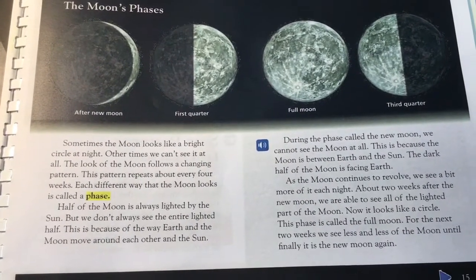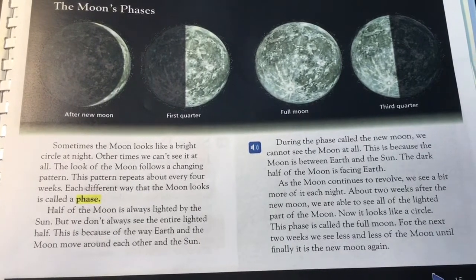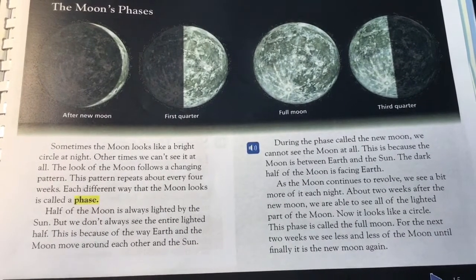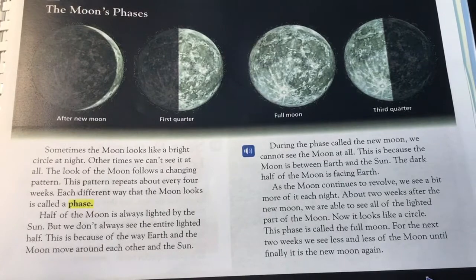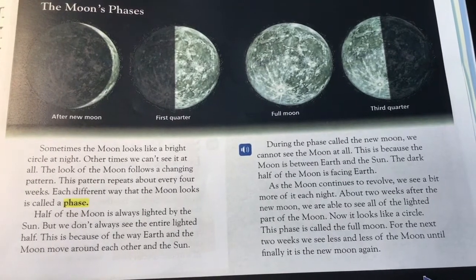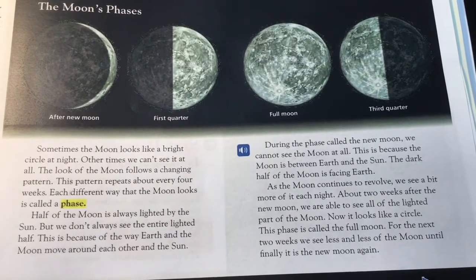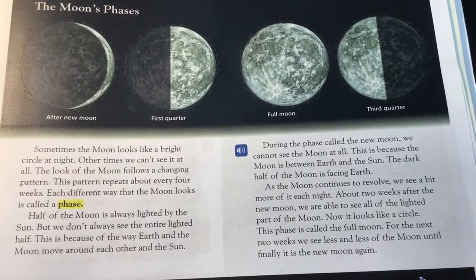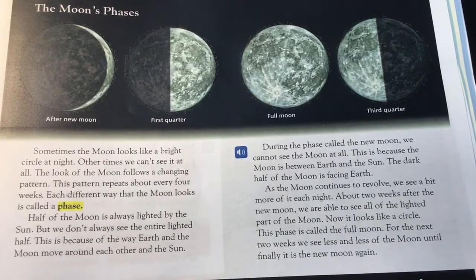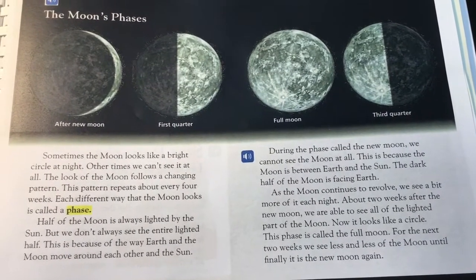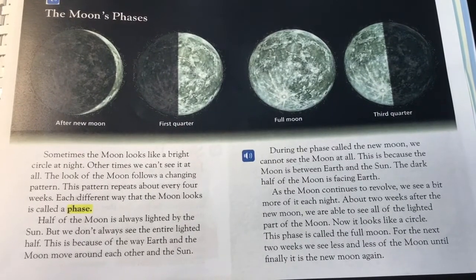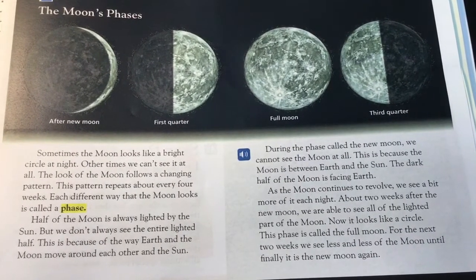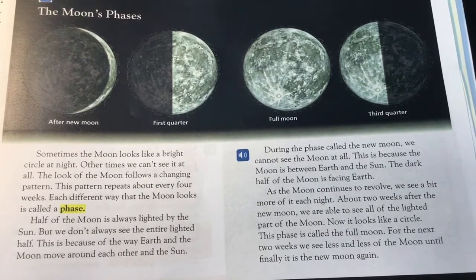Half of the moon is always lighted by the sun, but we don't always see the entire lighted half. This is because of the way Earth and the moon move around each other and the sun.